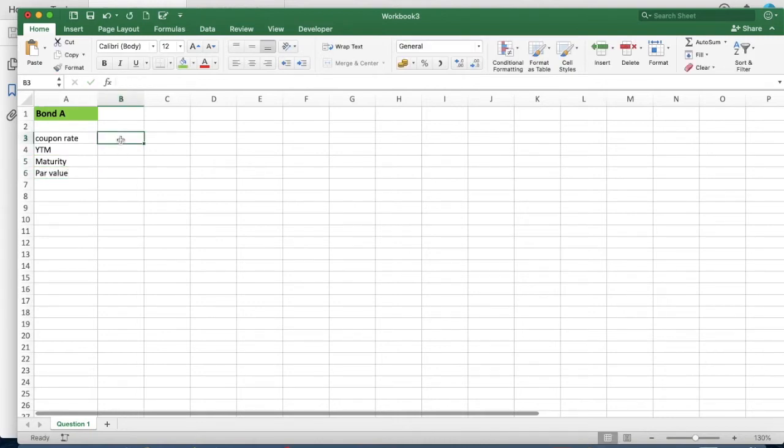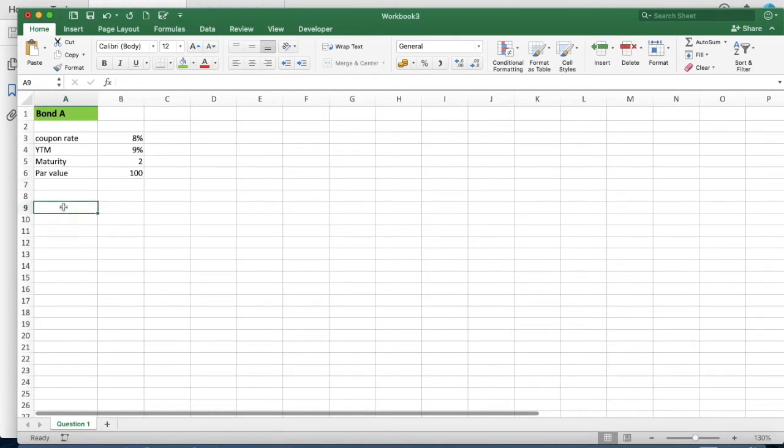So A is offering 8% as annual coupon rate. Now the yield to maturity has increased, so it is no longer 8% but now 9%. The maturity is still equal to 2 years, and the par value is still $100.